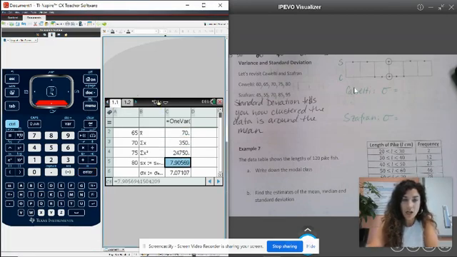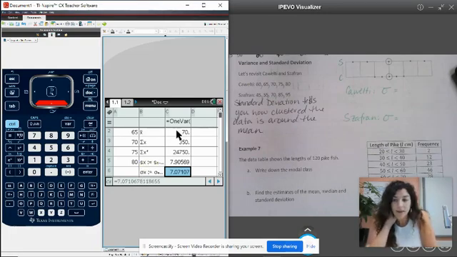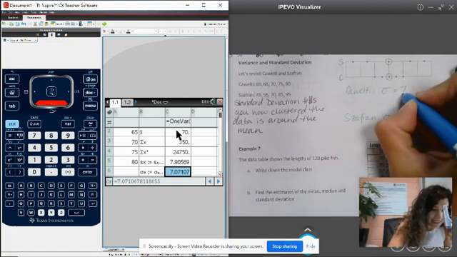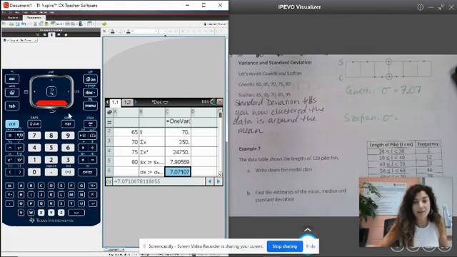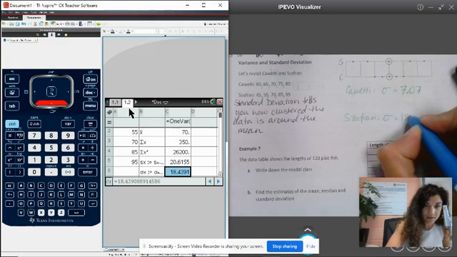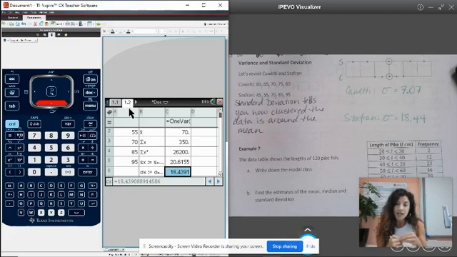This is for Mr. Coelti's information. You are looking for this symbol. I'm totally blanking on the name of this symbol, but that is a Greek symbol, and that's the symbol we use for standard deviation. Your standard deviation for Coelti, to 2 decimal places, is 7.07, whereas with Zafron, if we scroll down on our summary, we get 18.44. So a significantly larger standard deviation for Zafron than for Coelti.